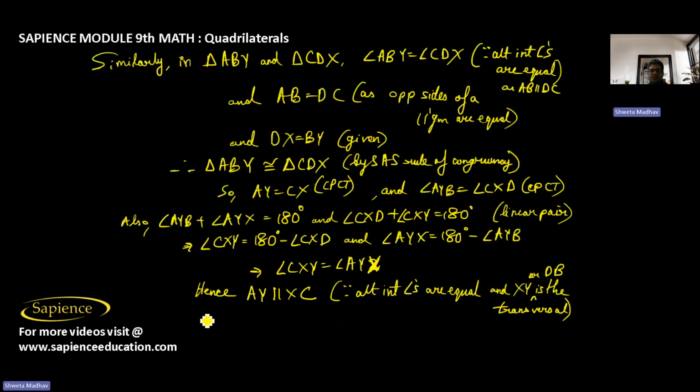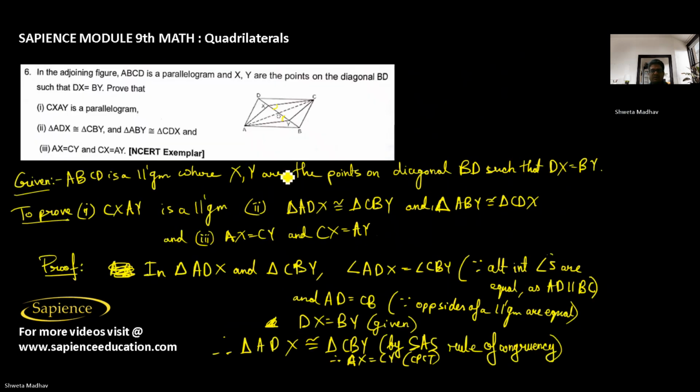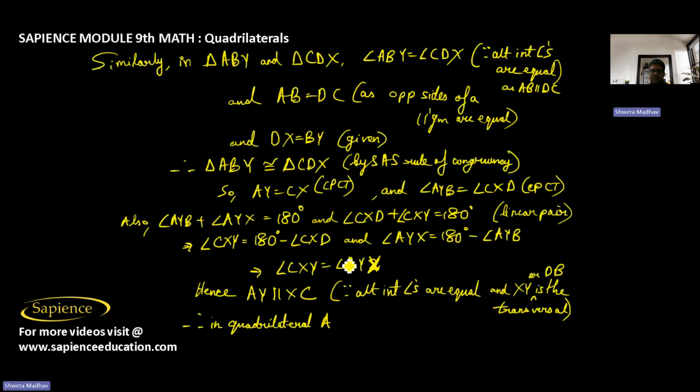So therefore, in quadrilateral CXAY, AY is parallel to XC and AY equals XC, which is proved above.